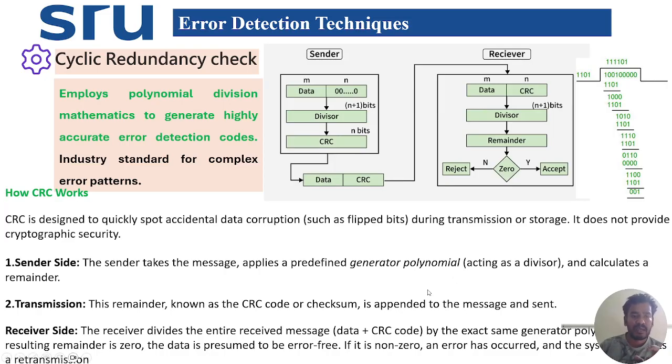From the sender side, the sender takes a message, applies a predefined generated polynomial key and calculates the remainder. For example, the data is up to this point, with the generated polynomial key, and we add three zeros based on L minus 1. We calculate the simple division and find the remainder.